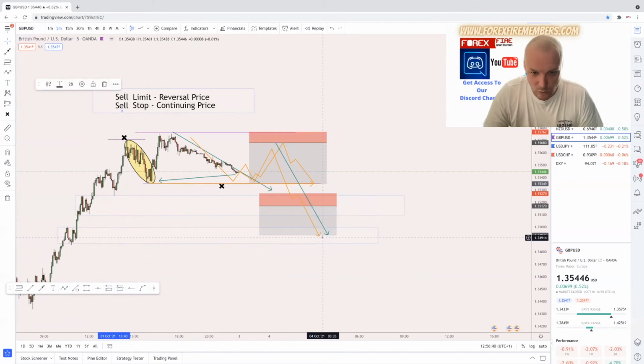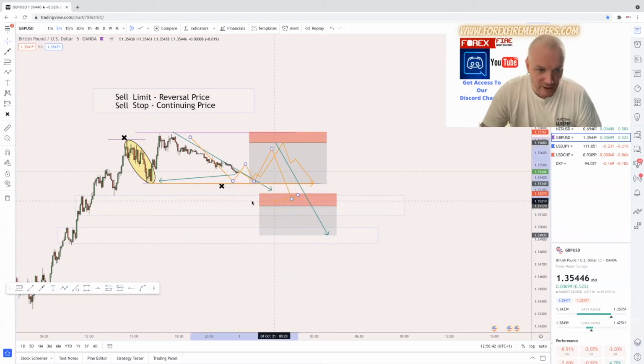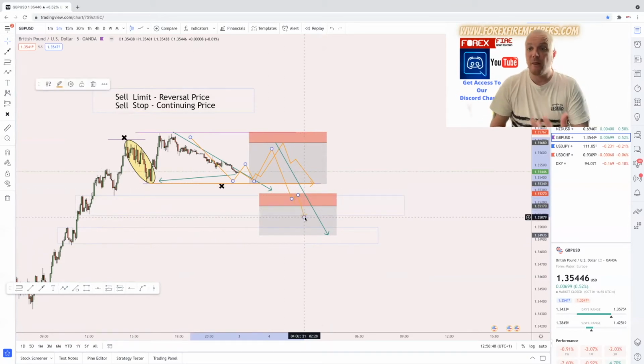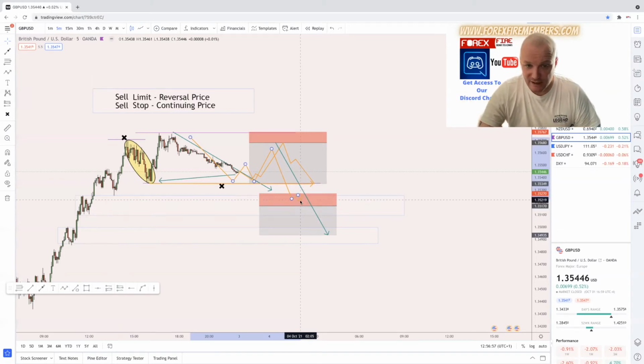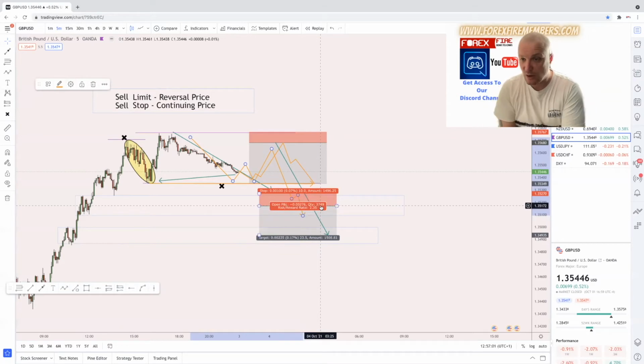Now what happens is, once price comes down and it mitigates through our order block here and it pushes through here, okay, the order will then become activated. Okay, it becomes activated. It will not activate until it physically goes through this price area being 1.35172.